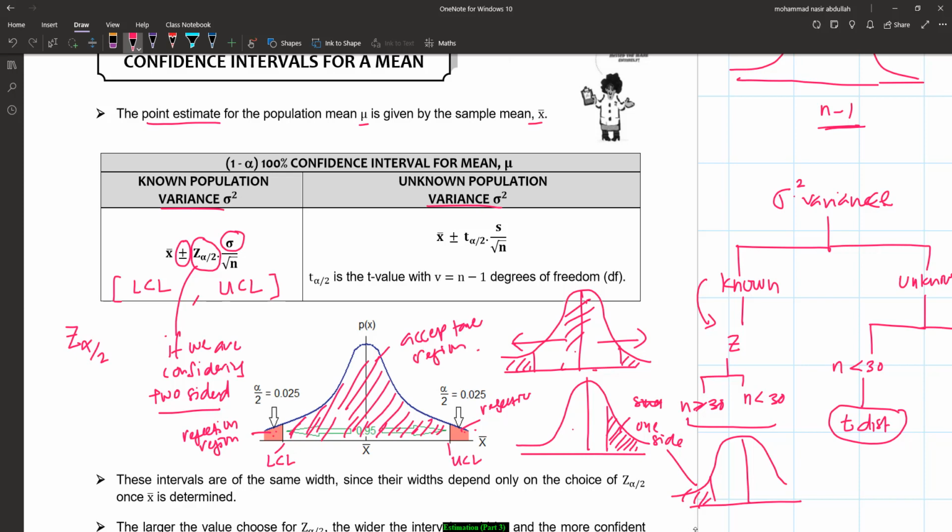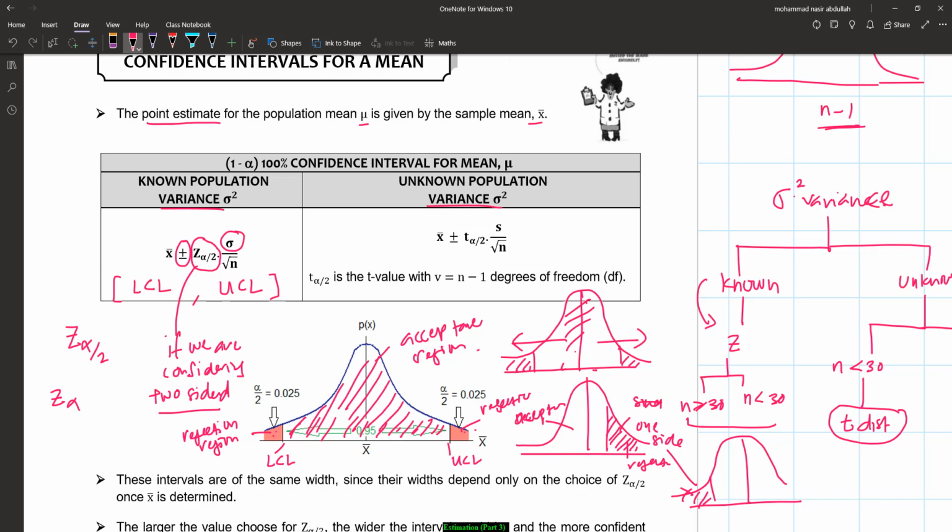Same goes to this one. This is a rejection region, this is an acceptance region, this is a rejection region. Same also, right? If you want to consider single-sided, then we just put Z alpha. Right? So, clear on this one?